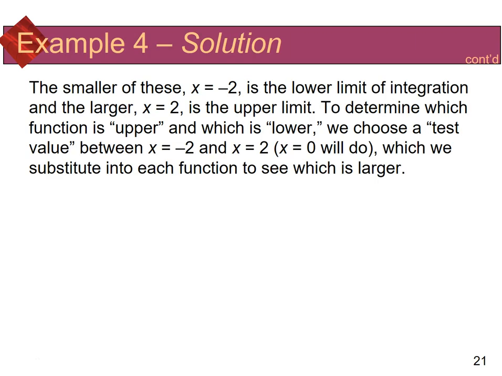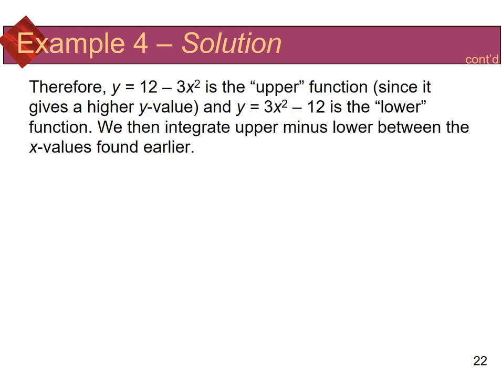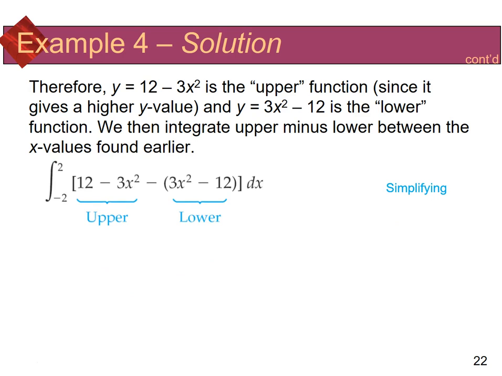This goes into some of the logistics of it, but essentially what I do is try to figure out which one is the smaller, which one's the bigger. So the upper function is going to be 12 minus 3x squared. The lower function is 3x squared minus 12. So I'm going to subtract those two and take an integral of that difference.